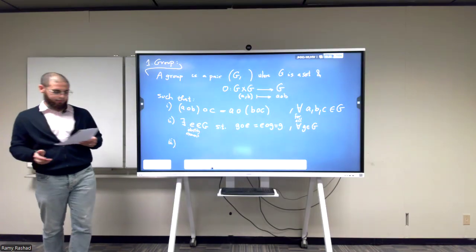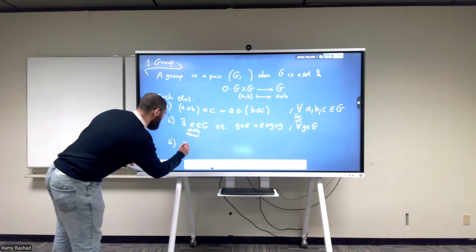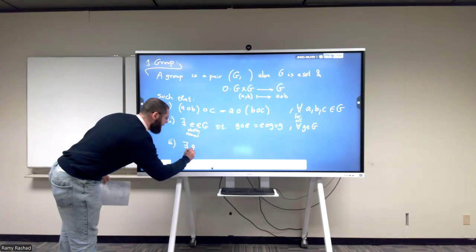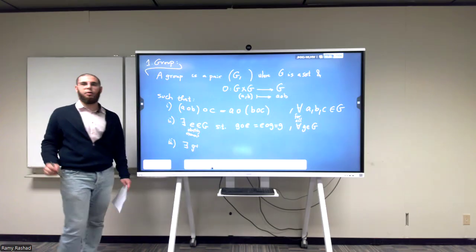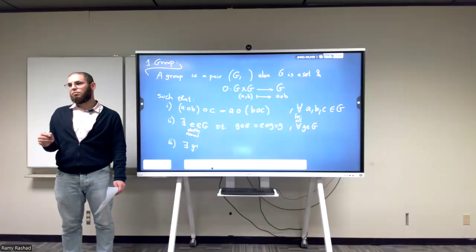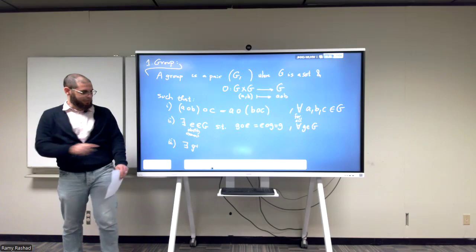Third condition is that there exists an element we're going to call G inverse. Now pay attention. What is the inverse here? What is this -1?